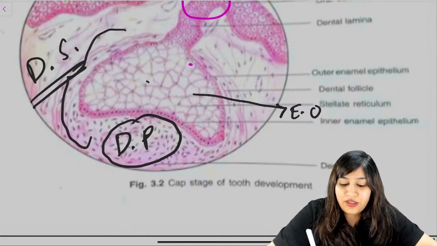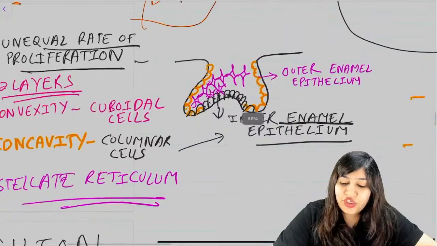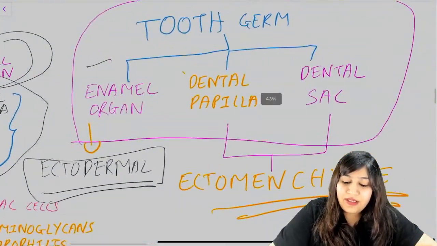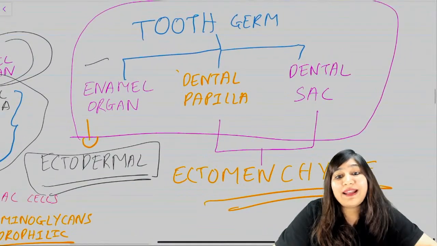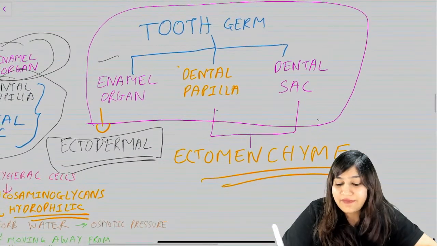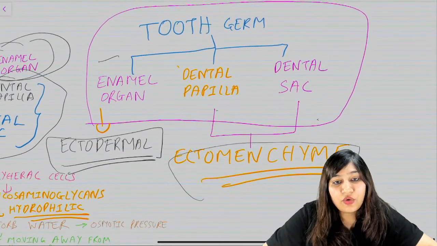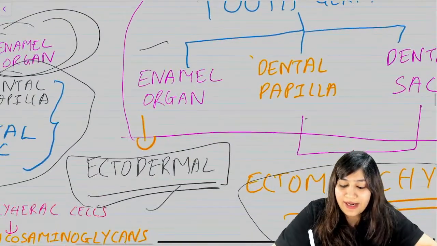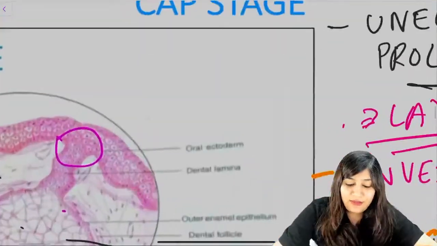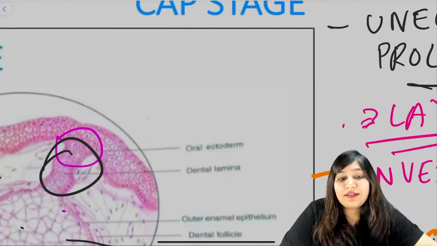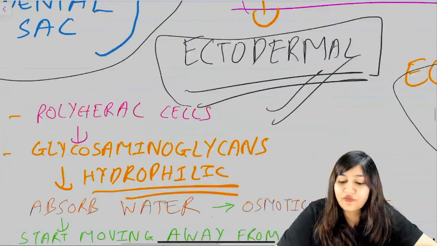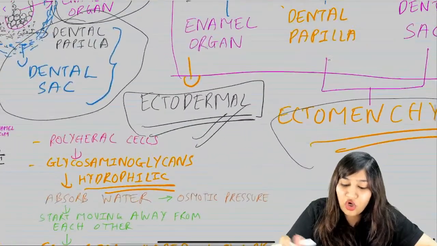So tooth germ basically consists of three structures: enamel organ, dental papilla, and dental sac. Dental papilla and dental sac, from the diagram itself we can say they are ectomesenchymal in origin, and enamel organ is ectodermal in origin. Here we can see the proliferation of epithelial cells, so it is mainly ectodermal in origin. So enamel is formed from enamel organ.